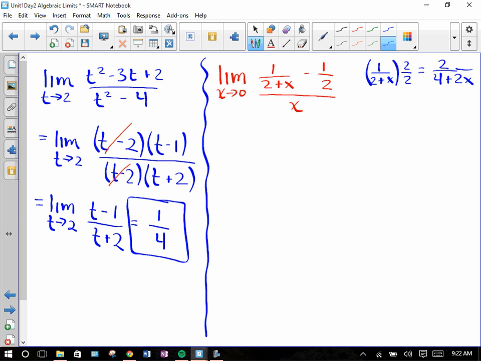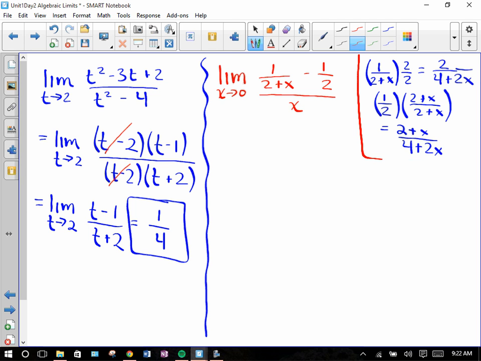And then I'm going to multiply 1/2 by 2 plus x over 2 plus x. That's going to be equal to 2 plus x over 4 plus 2x. So notice the denominator is the same in both of those now. Alright, so that's my side work.